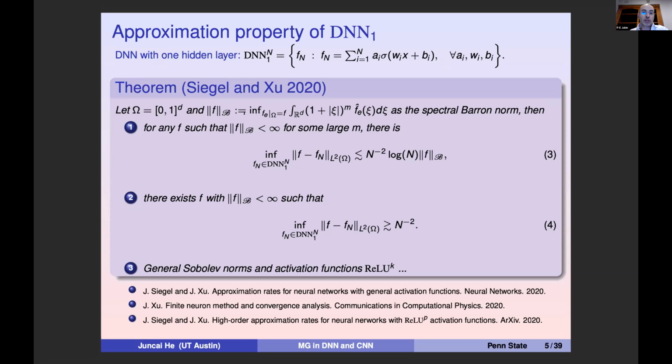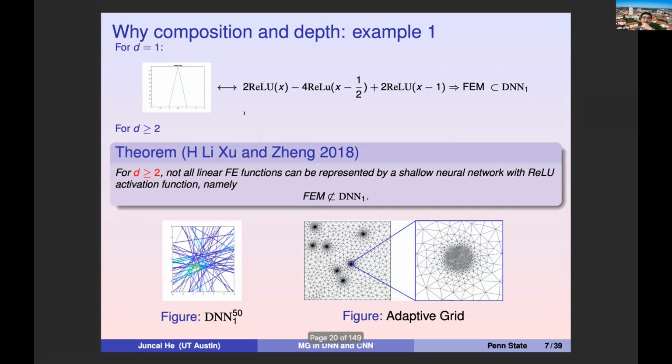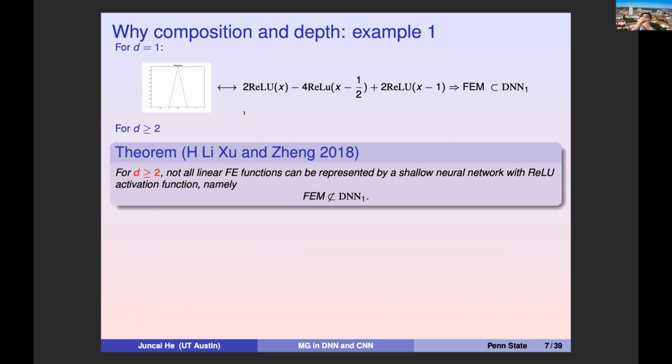But do you have any example? For example, did you do the pure finite element calculation, and can you compare it to give an idea of how much faster the gain is? Yeah, basically we have one neural net method for 1D. Initially we use adaptive finite element to approximate the function, and then based on that we set up about the same number of neurons and train the DNN.